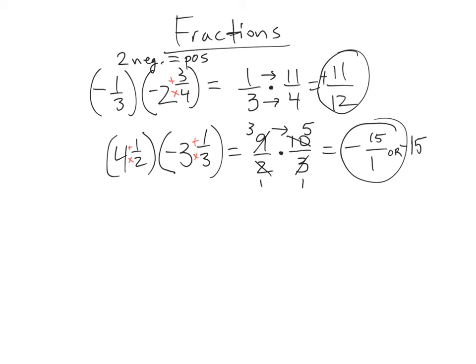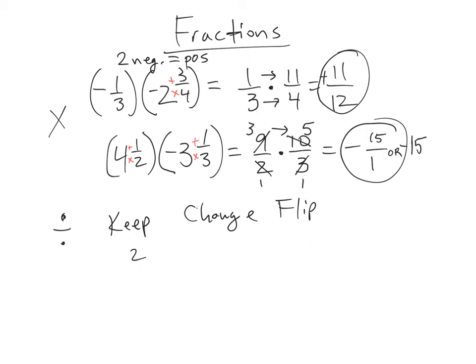The good thing about multiplying and dividing is that division is the exact same thing as multiplication. It's actually pretty cool, except for keep, change, flip. So everything I just said about multiplication is the same with division, except before you start multiplying, you have to keep, change, flip. What does that mean?